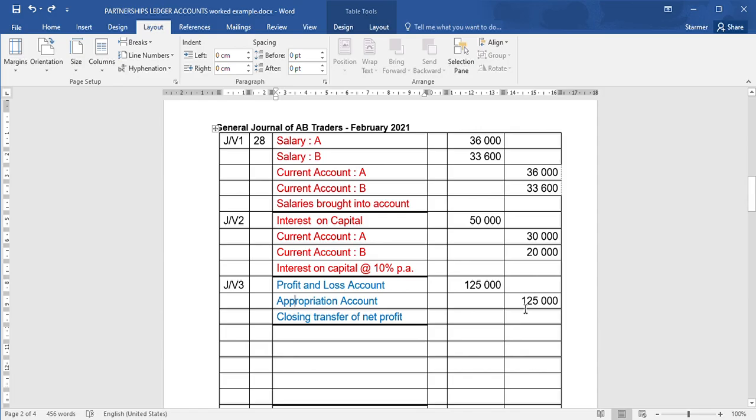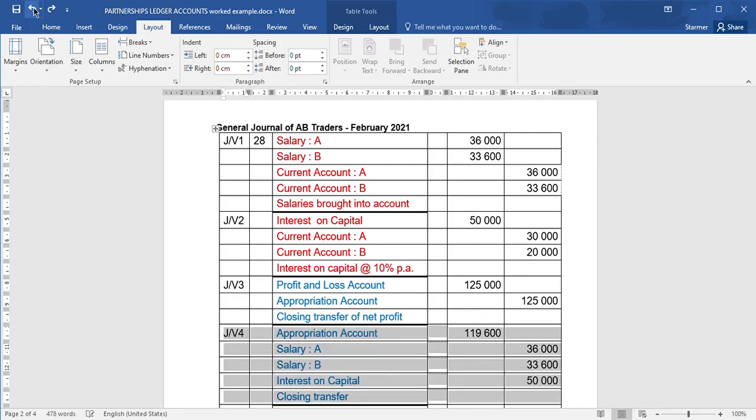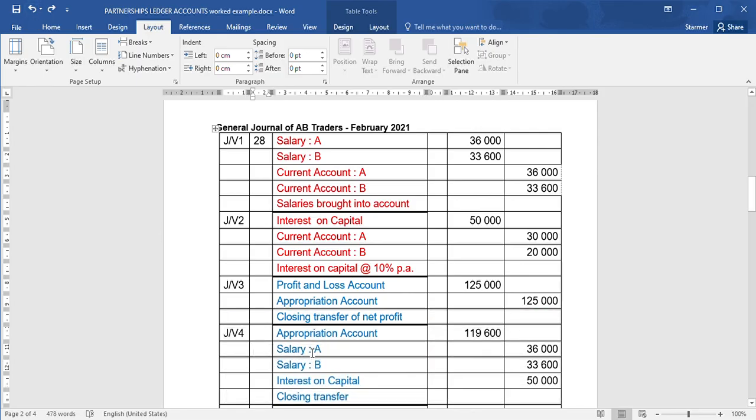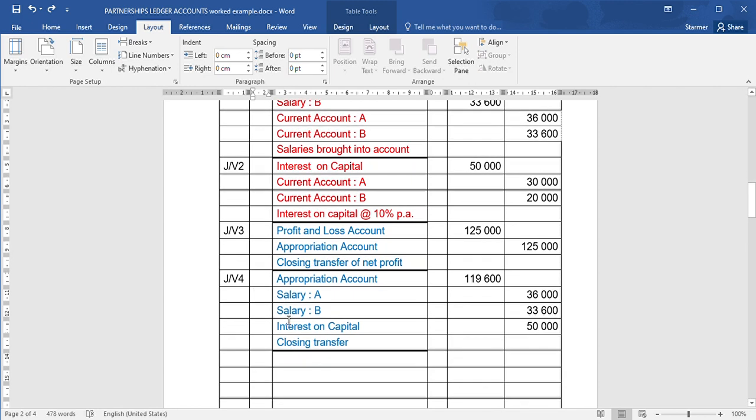Now that net profit first of all gets used for the partner's salaries and interest on capital. Now if you think about it, salaries has a debit total here. When you're closing off an account, you need to make the debit and credit side equal, which is why we need to credit the salaries and credit the interest on capital, and both of those will end up on the debit side of the appropriation account, which is your actual expense side, like I mentioned a little while ago.